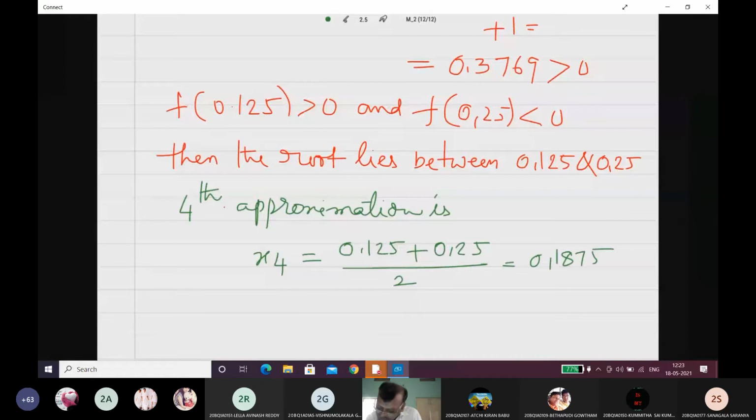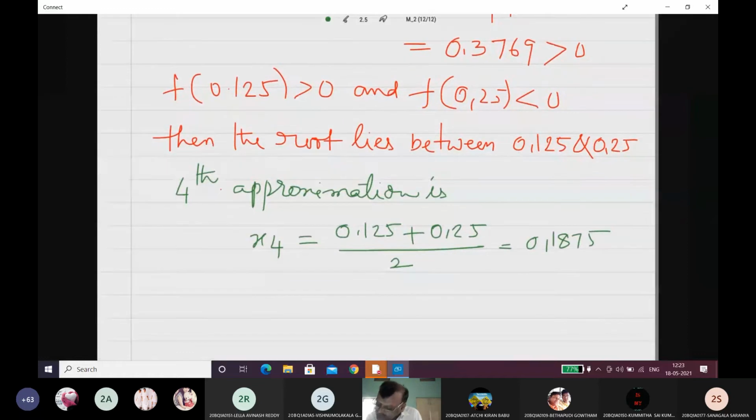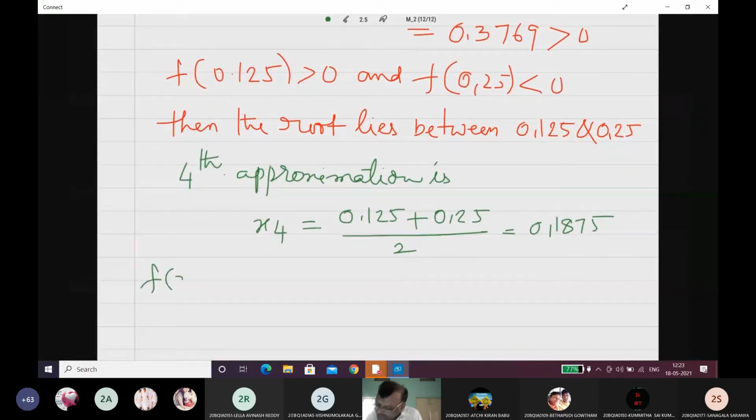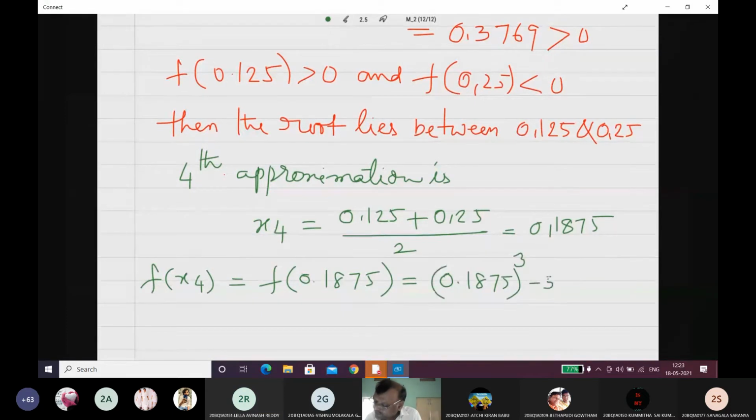f of x4 is equal to f of 0.1875, which is 0.1875 whole cubed minus 5 into 0.1875 plus 1.